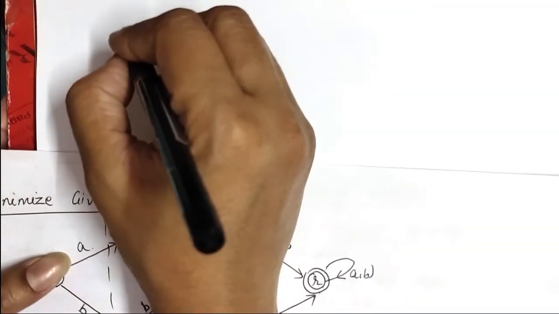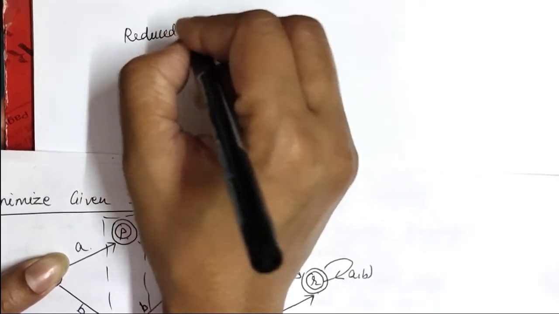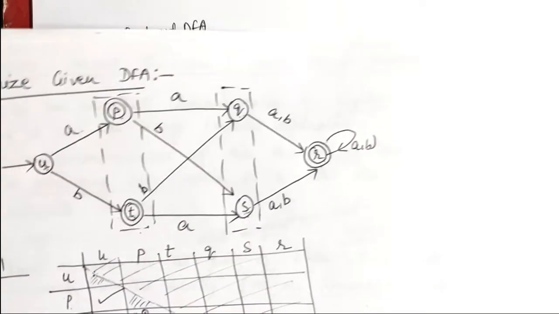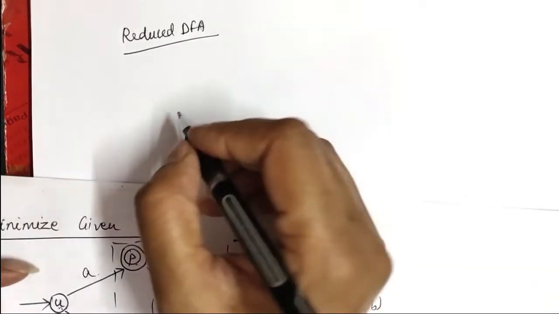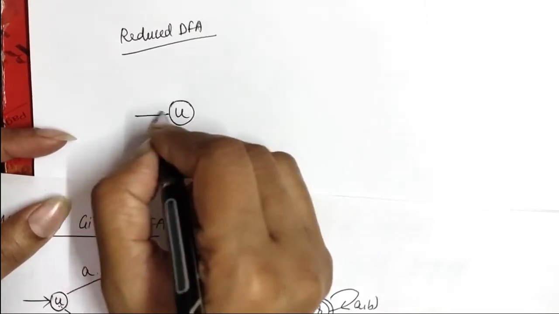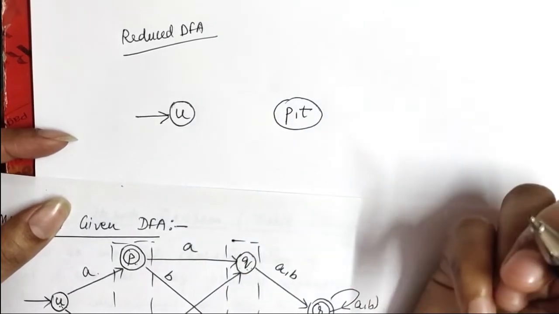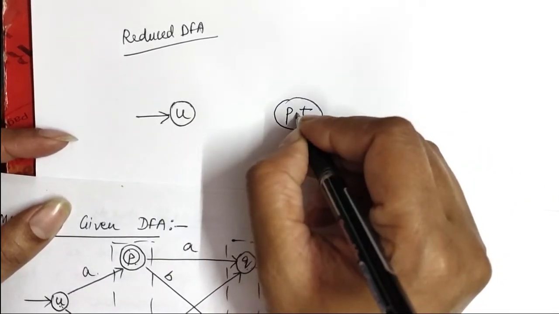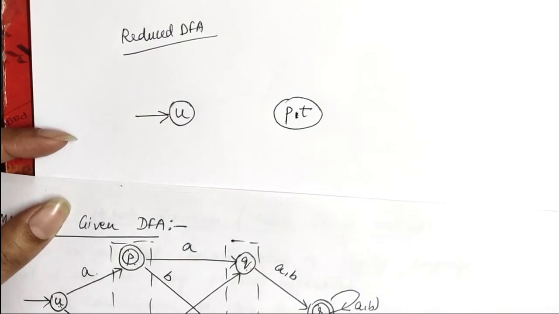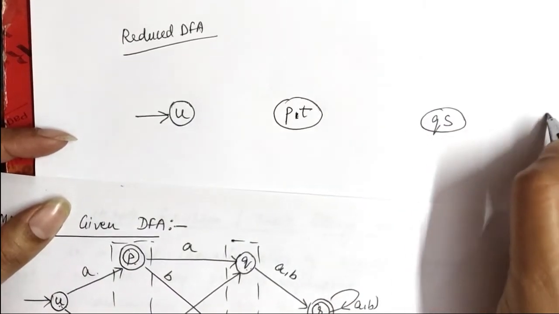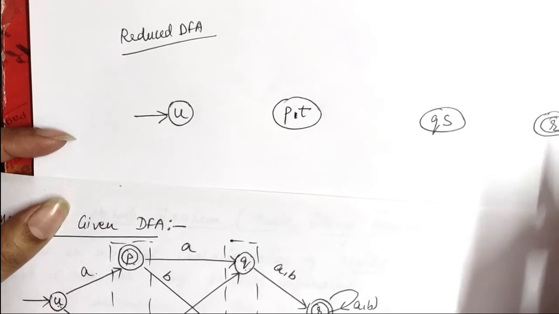So the last step is the reduced DFA, in which we combine P and T, and Q and S. So the answer is, we have an initial state U, then we have a state PT, which means that the two different states P and T are combined in a single state. Similarly, the next state is QS, and the last state, which is a final state, is R.